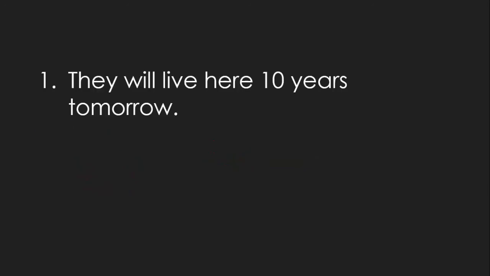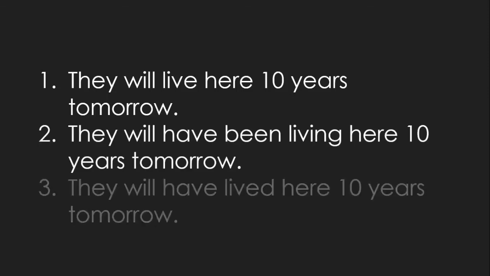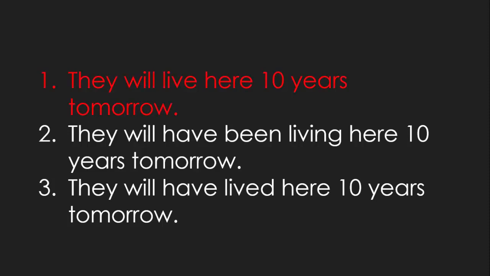The next one. They will live here 10 years tomorrow. They will have been living here 10 years tomorrow. They will have lived here 10 years tomorrow. Which one can't be used? Correct. Number 1. They will live here 10 years tomorrow. This is a common mistake amongst non-native speakers, but you have to use a perfect or a perfect continuous tense to talk about things that started in the past and continue now.